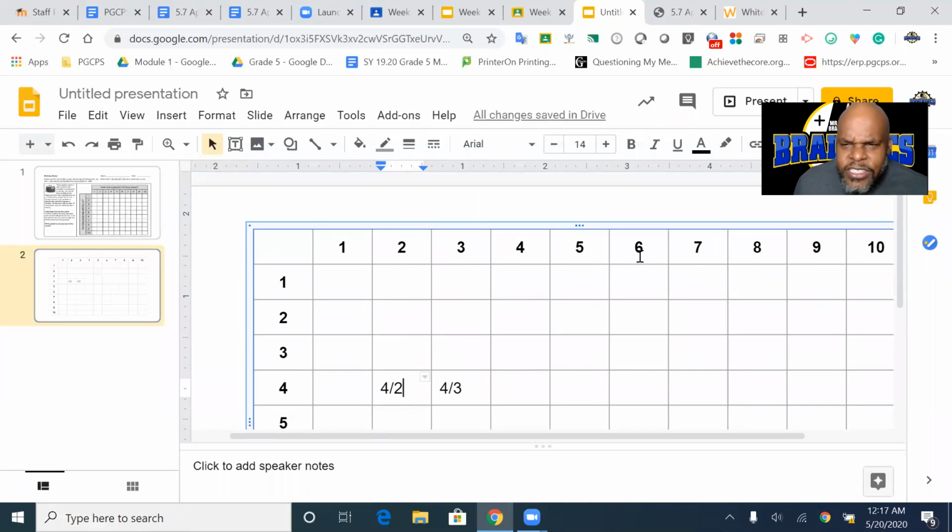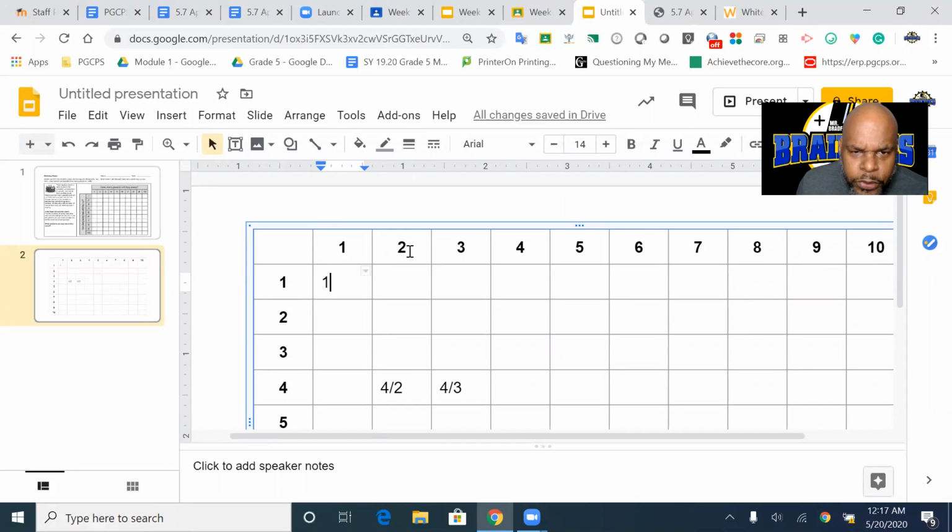So what does this top line mean? This is the number of people. This is the number of candy bars. So if one person came and you bought 1 candy bar, they would each have 1 candy bar.